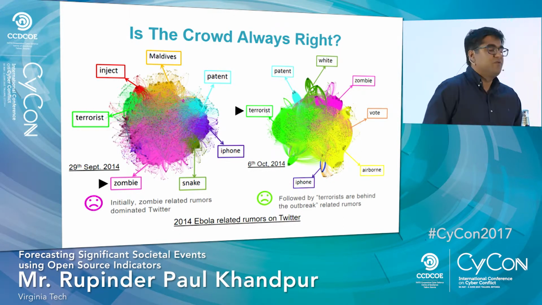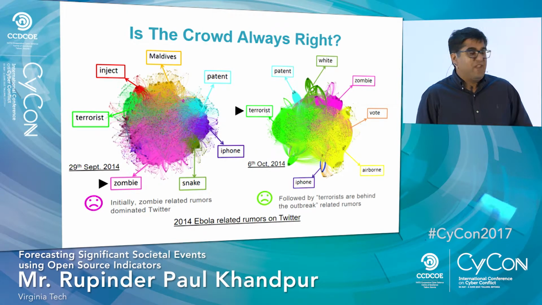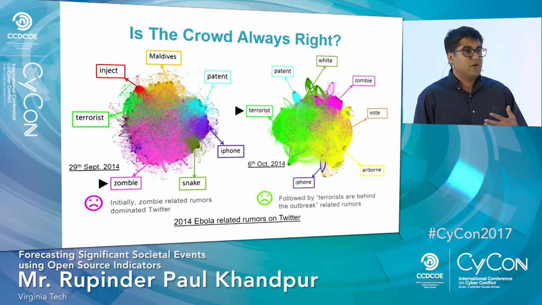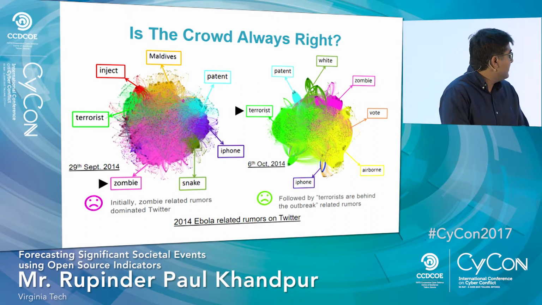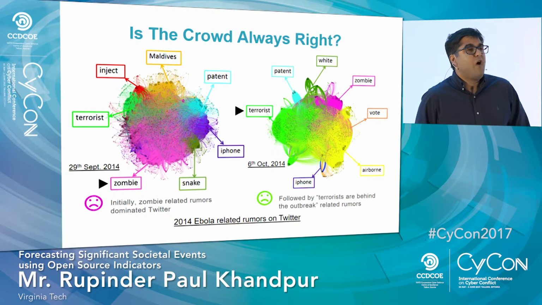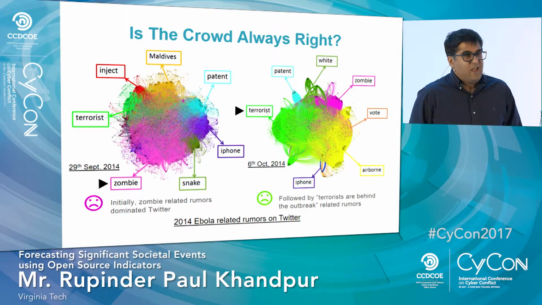Initially, people thought that it was because of a zombie apocalypse that has descended. And then we took another snapshot, using that rumor model that we have to build another network, a retweeting network of these keywords. And now we found that the terrorists were the biggest component of that rumor network. So this shows you that the crowd is not always right.